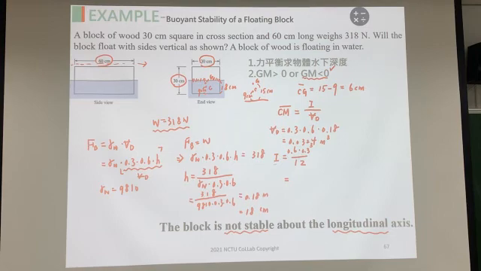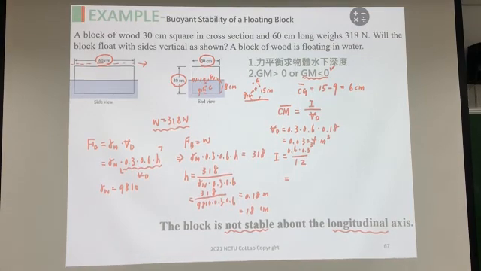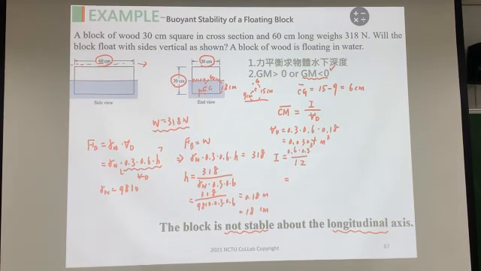Okay, so you can compute the second moment here. The second moment formula depends on which shape you use, and here it is a rectangular shape. So you can compute the second moment with your calculators.